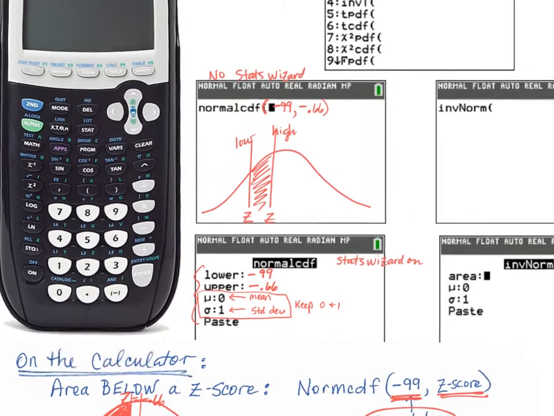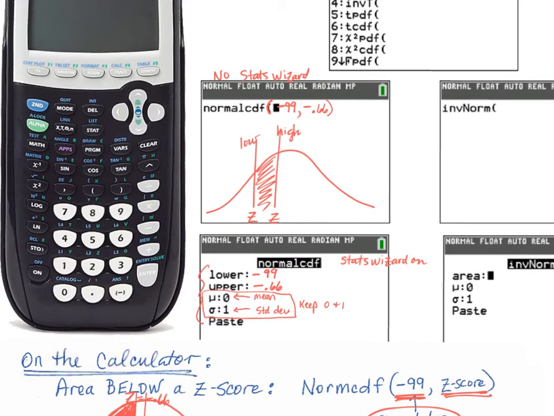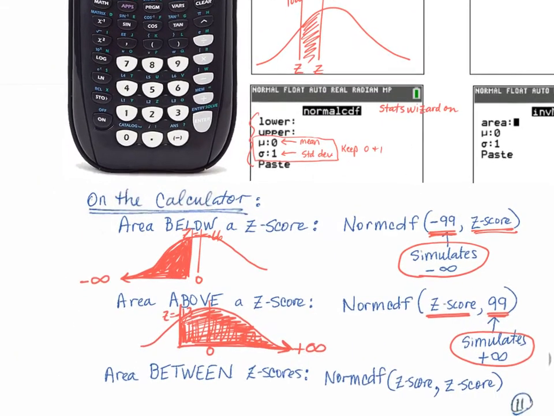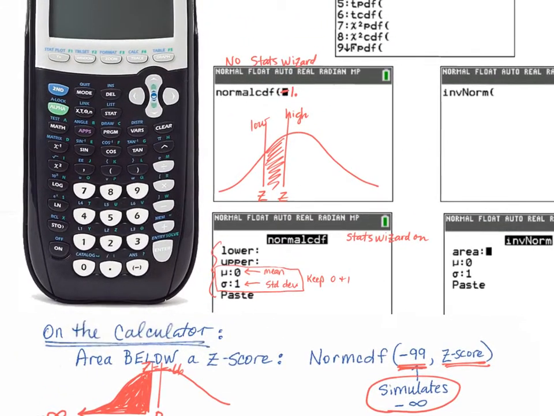So you're going to go into your calculator and practice it now and see if you get the same values that you got yesterday. If you have no Stats Wizard, you're going to go from negative 1.3, up to comma positive 99, and you're going to enter that.